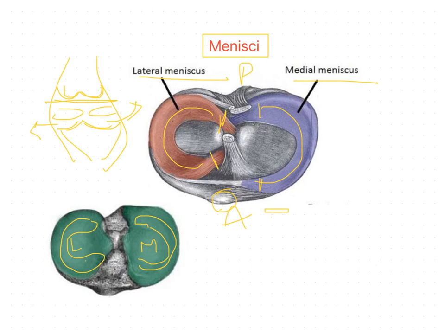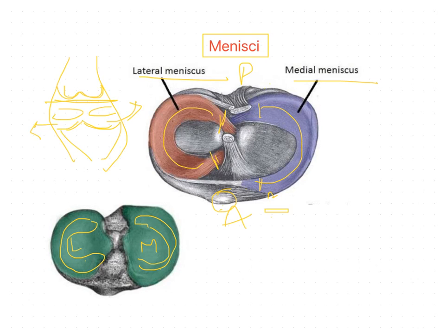Here you can find the tibial tuberosity. The anterior and posterior ends of the menisci are attached to the tibia and are referred to as the anterior horn and posterior horn.